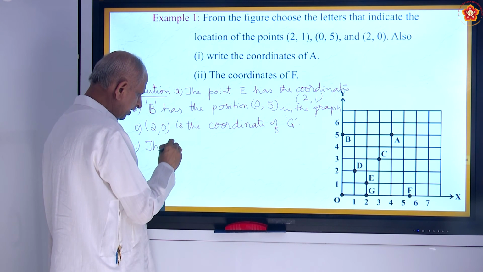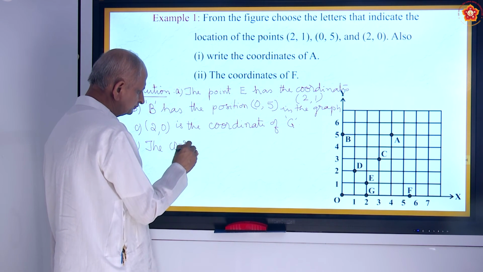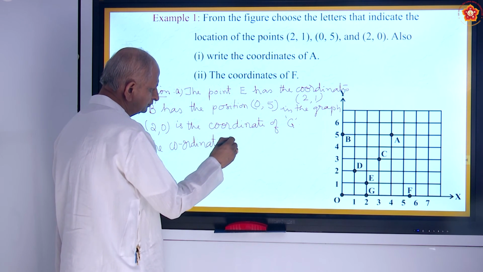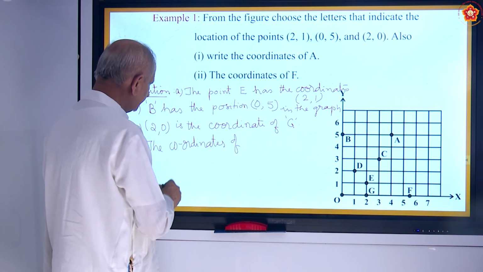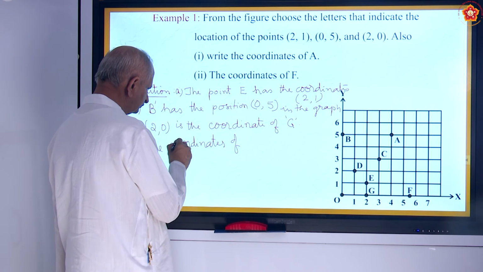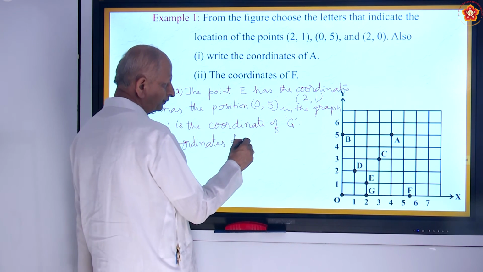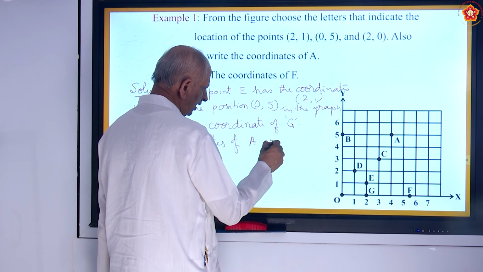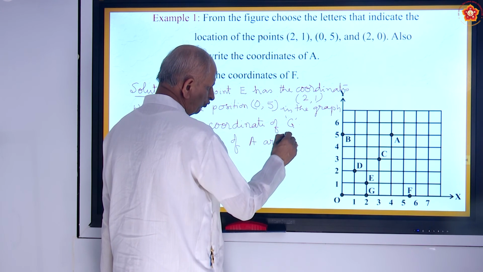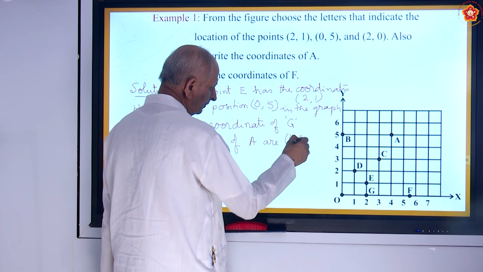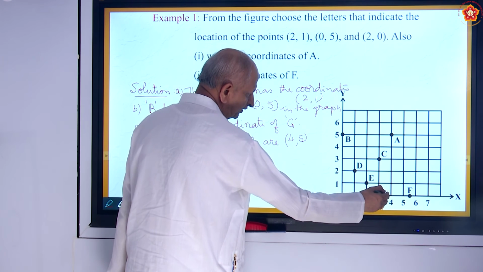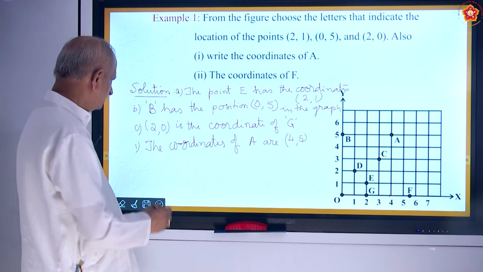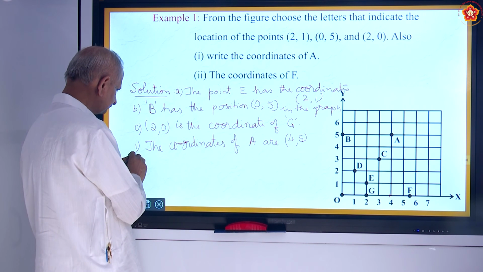The coordinates of A are 4, 5. 4 means horizontal, 5 is vertical. Understood?